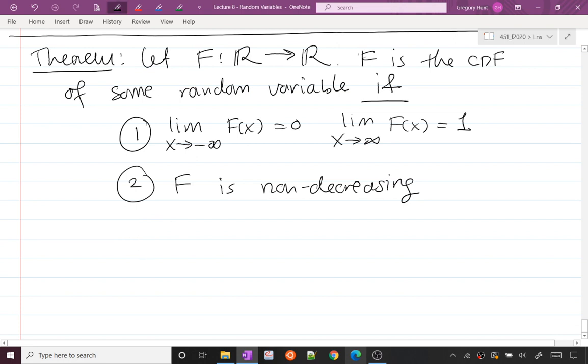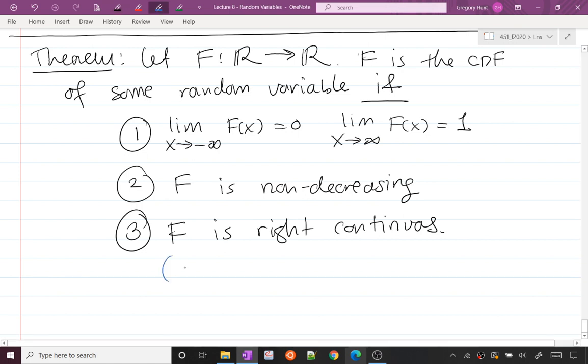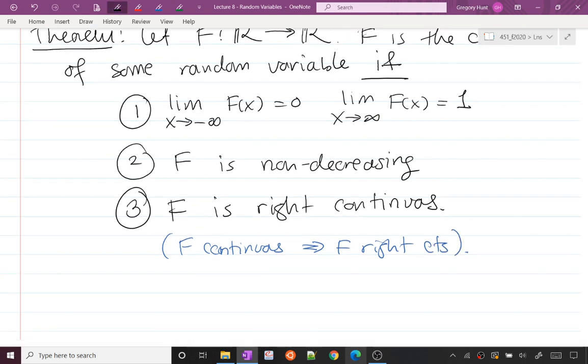And thing 3 that needs to be satisfied is that f is right continuous. So unfortunately, we have this kind of annoying little technical fact. But again, if f is continuous, that implies f is right continuous. And that's practically how we're going to use it.